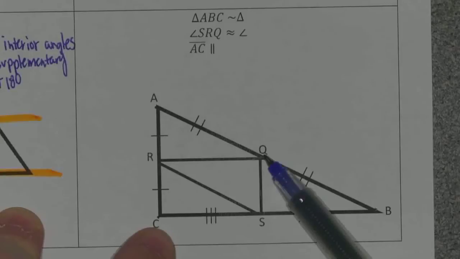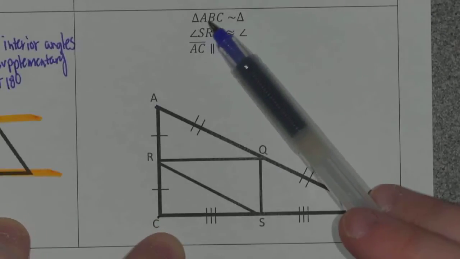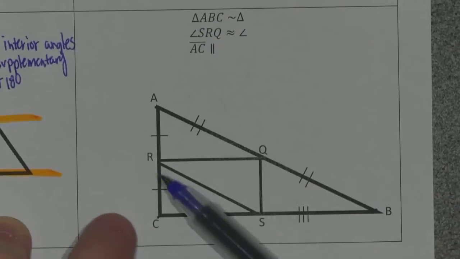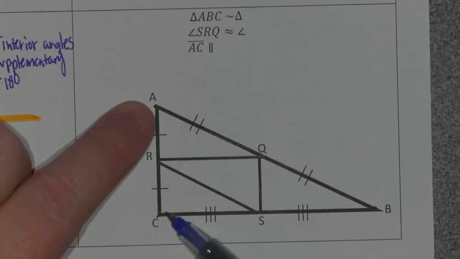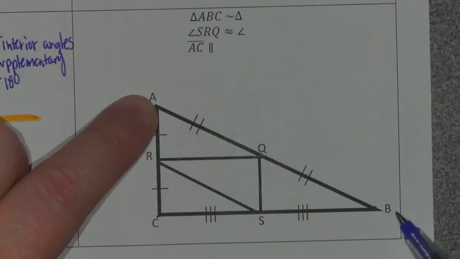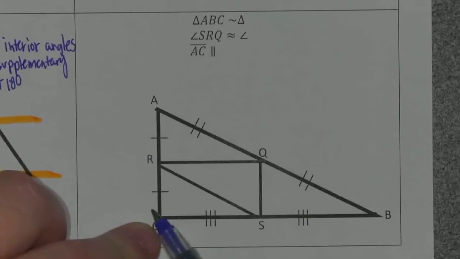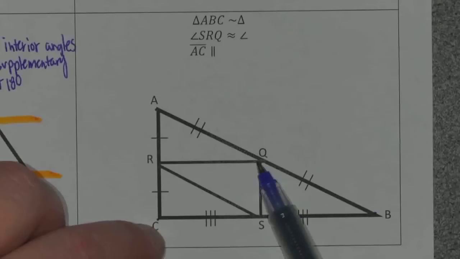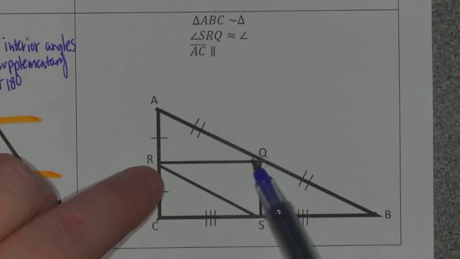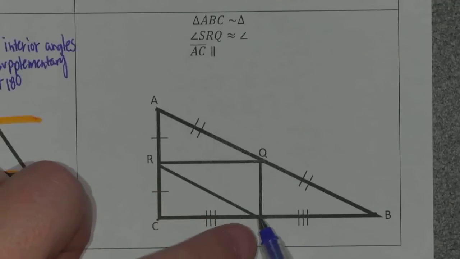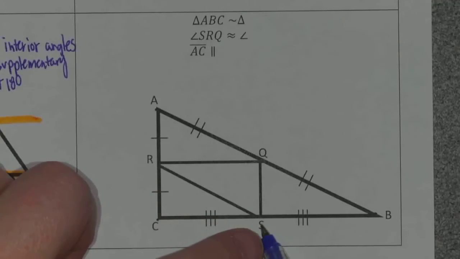I 100% agree with you. So the only thing that we have to be careful with is that we have to list it in the same order as ABC. So A to B to C. So A is up above that right angle. B is over on the hypotenuse, and C is going back to the right angle here again. So if we're going to go in that direction on this triangle, which letter goes first?